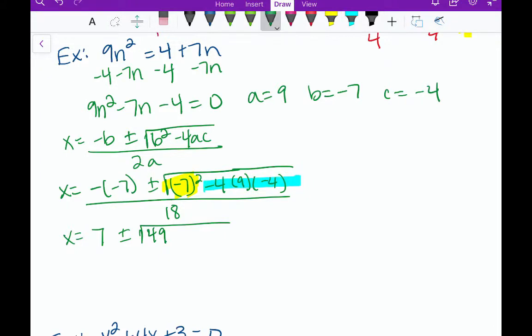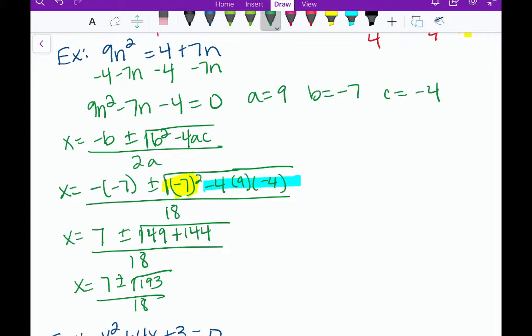Negative 4 times 9 is negative 36, and negative 36 times negative 4 is a positive 144, so plus 144, all divided by 18.